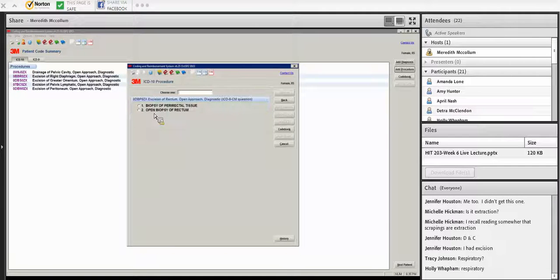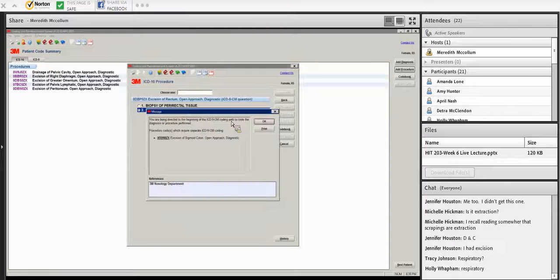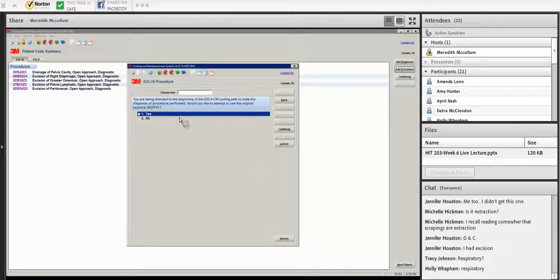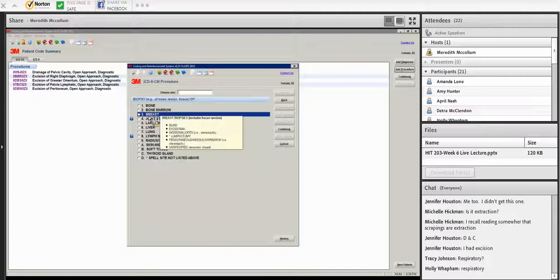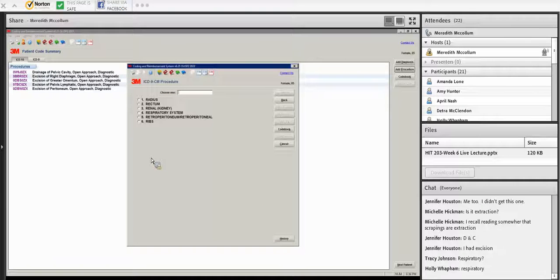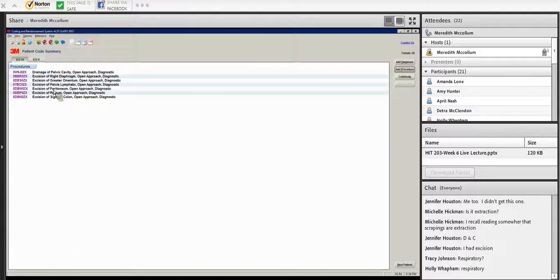It was open approach. And you have to do it this way, so I apologize. So then you have excision of the rectum, open approach, diagnostic, excision of the sigmoid colon, open approach, diagnostic.